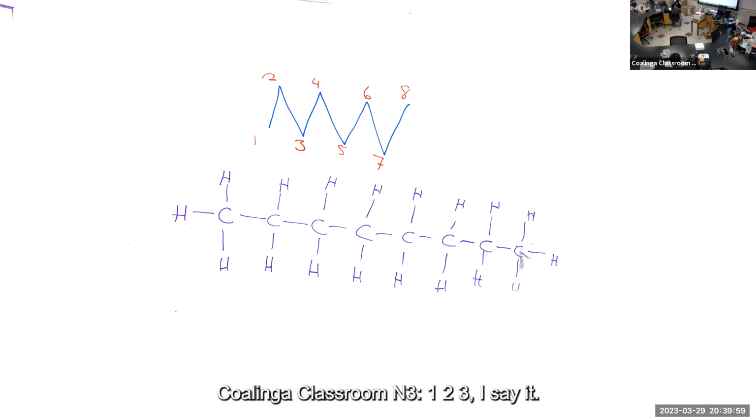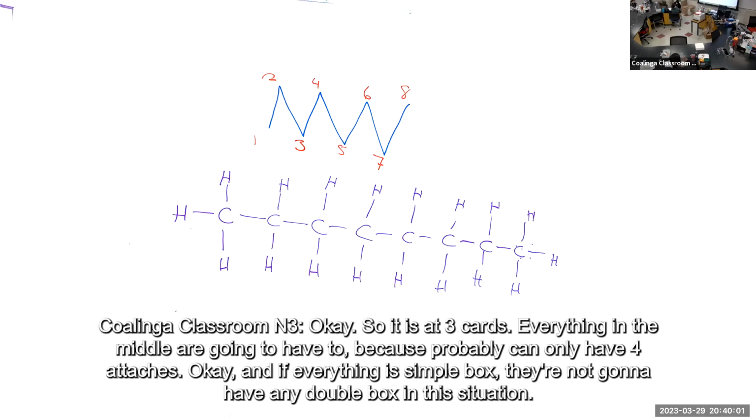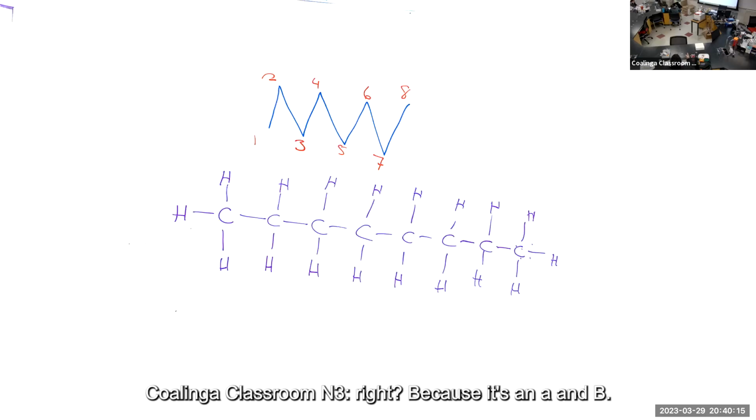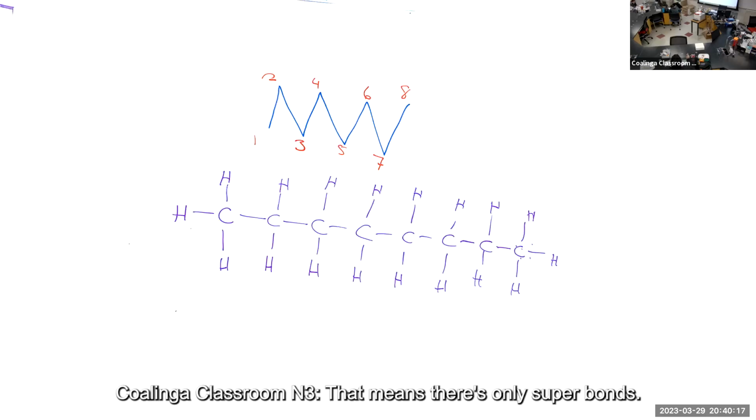One, two, three, 4, 5, 6, 7, 8. Okay, so the ends have 3 hydrogens. Everything in the middle is going to have 2 because carbon can only have 4 attachments. Okay, and if everything is single bonds, you're not going to have any double bonds in this situation, right? Because it's an ane, that means there's only single bonds.